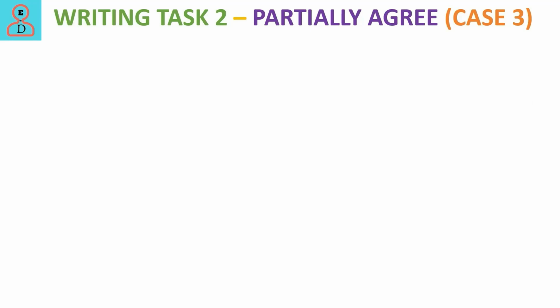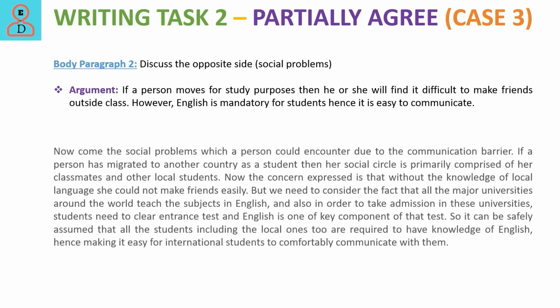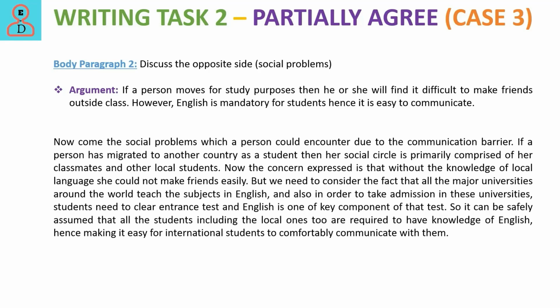Now comes the other side of the argument, that is, social problems which we disagreed with in our introduction. First, have a look at the argument which we have written down, and now look at the body paragraph which we have prepared using this argument.